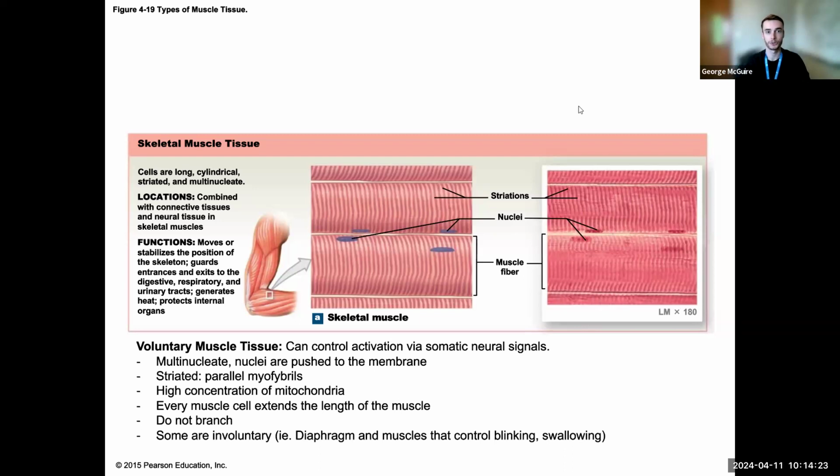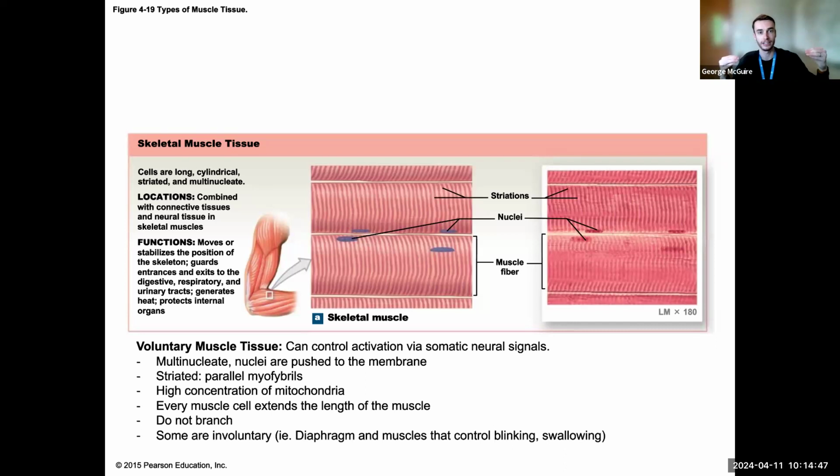Skeletal muscle is also unique in that it is multinucleate. So these are going to be really long cells that extend along the length of the entire skeletal muscle. So if we think about our biceps, one skeletal muscle cell is going all the way from origin to insertion, extending the entire length. And so we have multiple parallel muscle cells going that entire length. And those are really, really long.